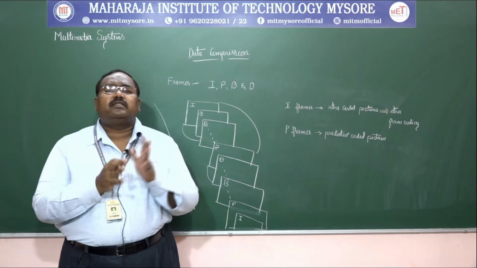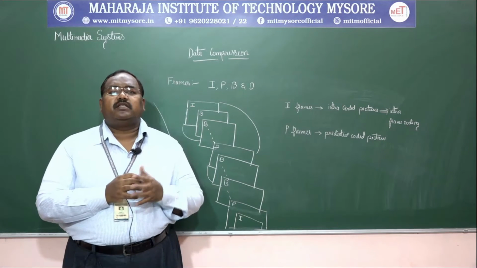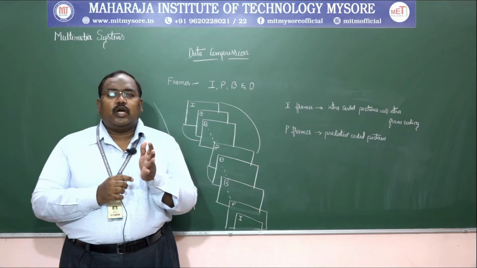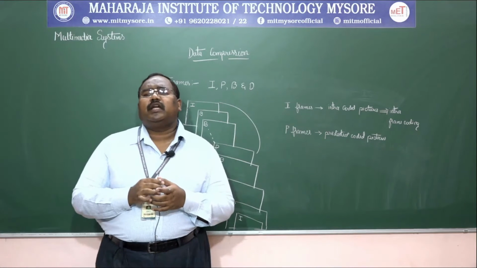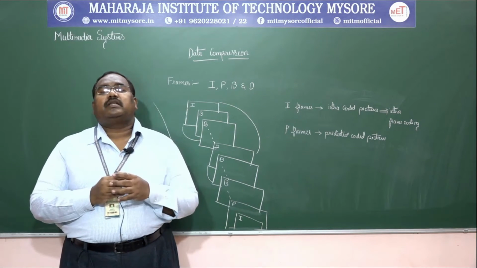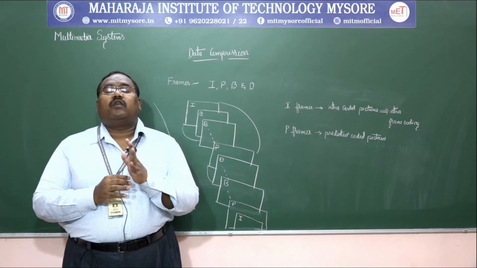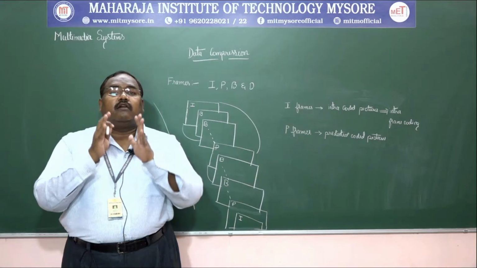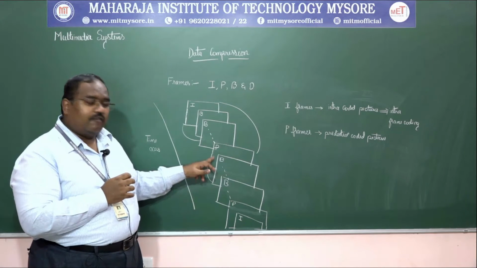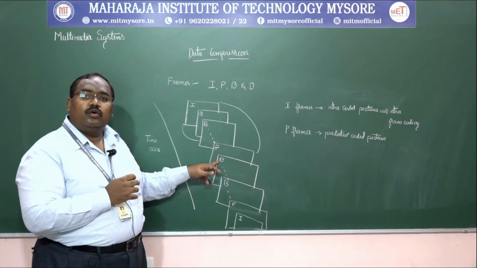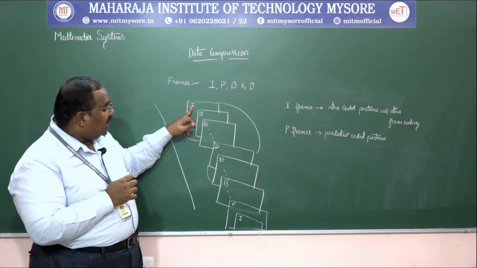So what is this prediction needed for? This prediction is mainly needed for the encoding and decoding concepts. When we talk about decoding a P-frame, it requires decompression of at least the last I-frame. Meaning when I talk about the decompression of a P-frame, it needs to know which was the previous I-frame.